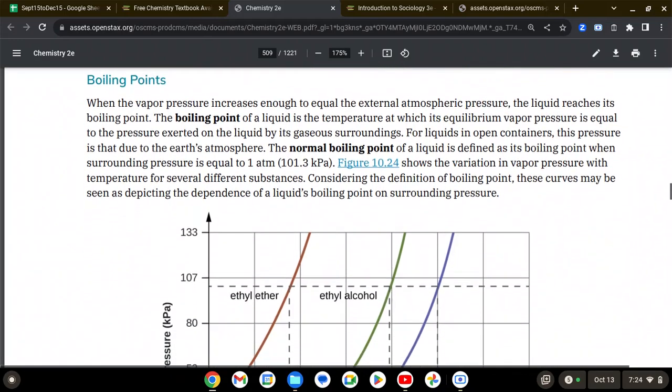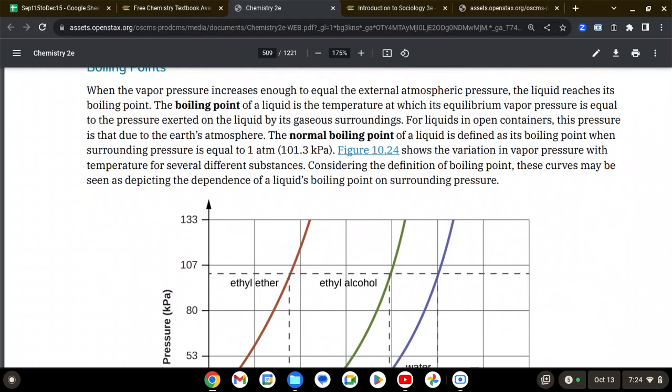Boiling points. When the vapor pressure increases enough to equal the external atmospheric pressure, the liquid reaches its boiling point. The boiling point of a liquid is the temperature at which its equilibrium vapor pressure is equal to the pressure exerted on the liquid by its gaseous surroundings. For liquids in open containers, this pressure is due to the Earth's atmosphere.